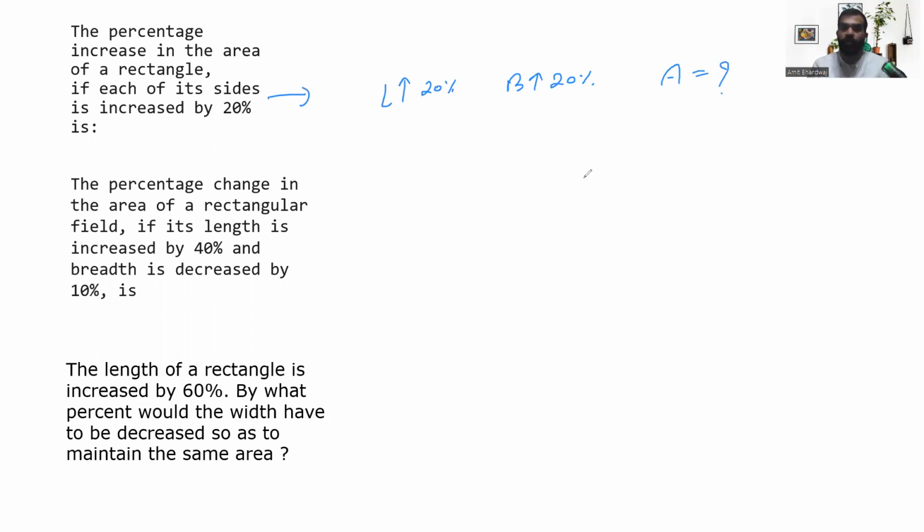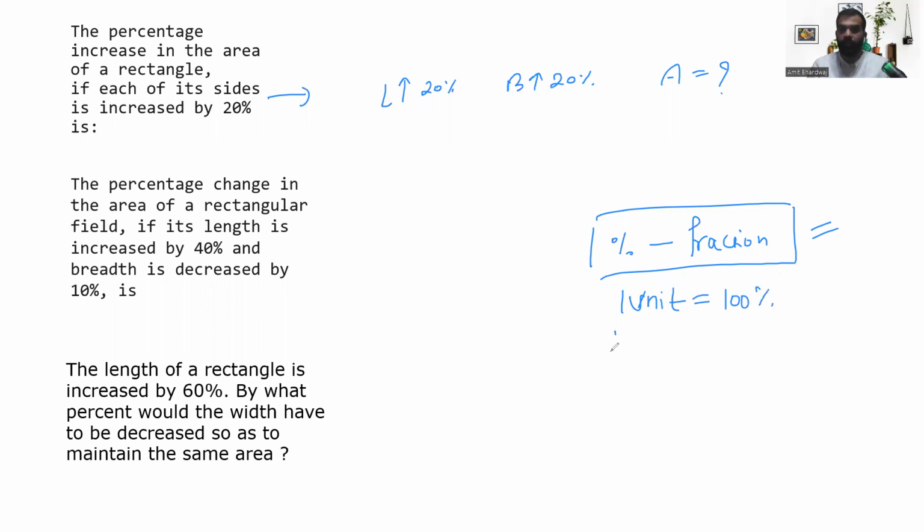One logic I want to tell you is the percent and fraction relation. It is very important. With the help of percent fraction conversion, we can easily solve every question of this type in the exam. Let's say 1 unit is 100%. If 1 unit is 100%, then 1 by 2 unit will be 50%.